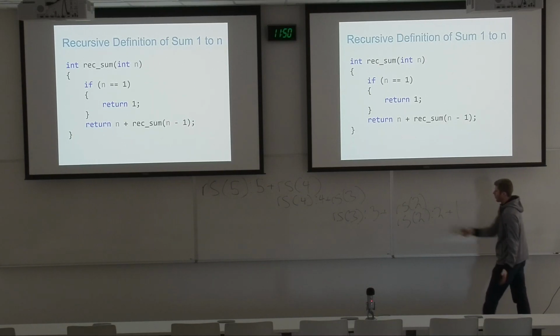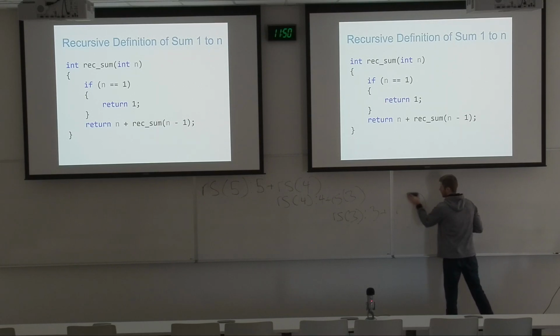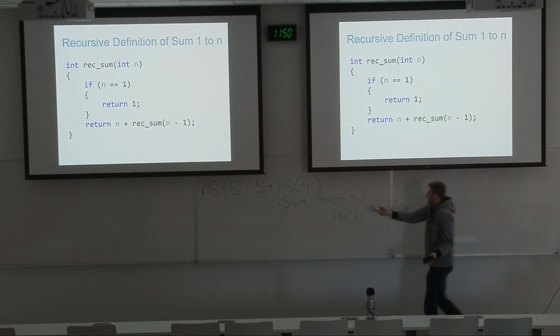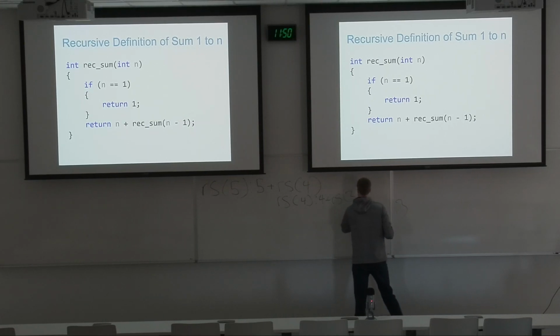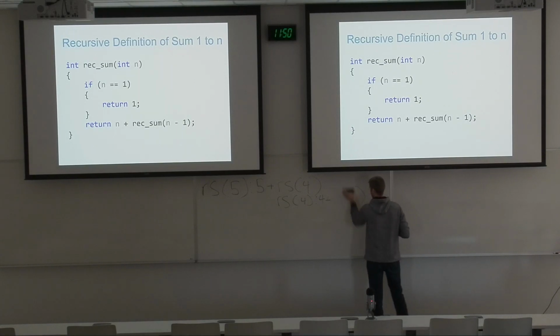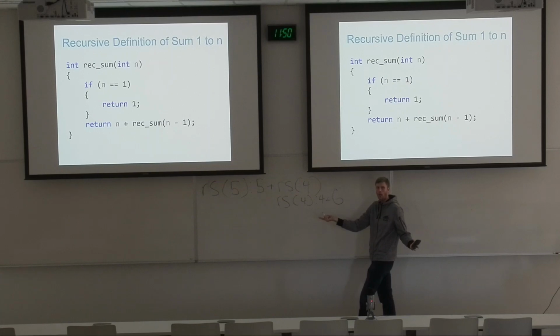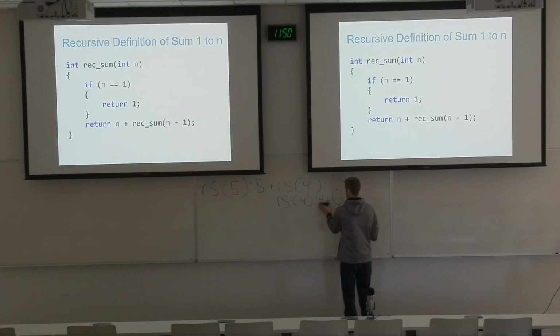2 plus 1 is 3. So rs2 is 3. Three plus 3 is 6, so rs3 is 6. Six plus 4 is 10, so rs4, recsum 4, is 10.